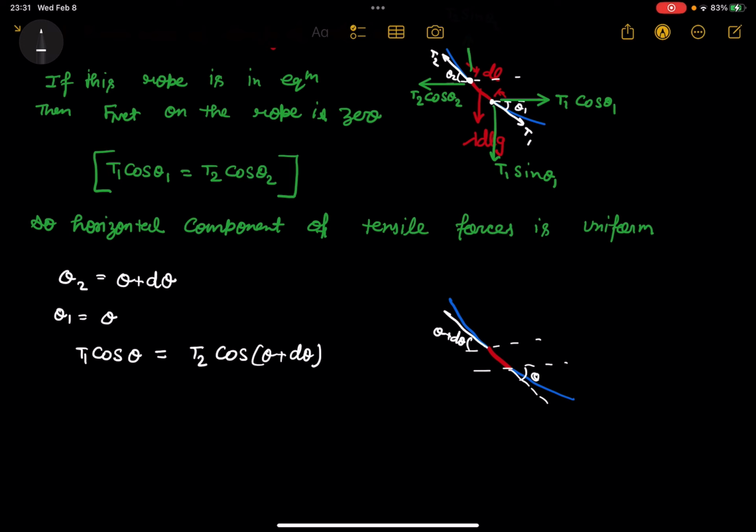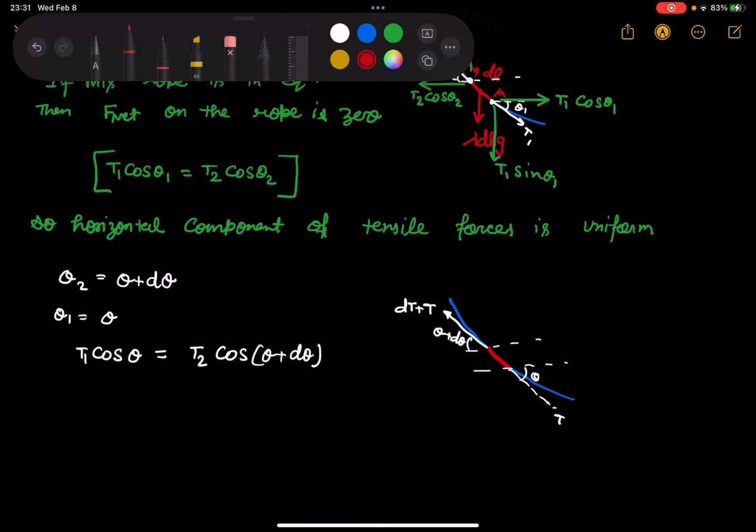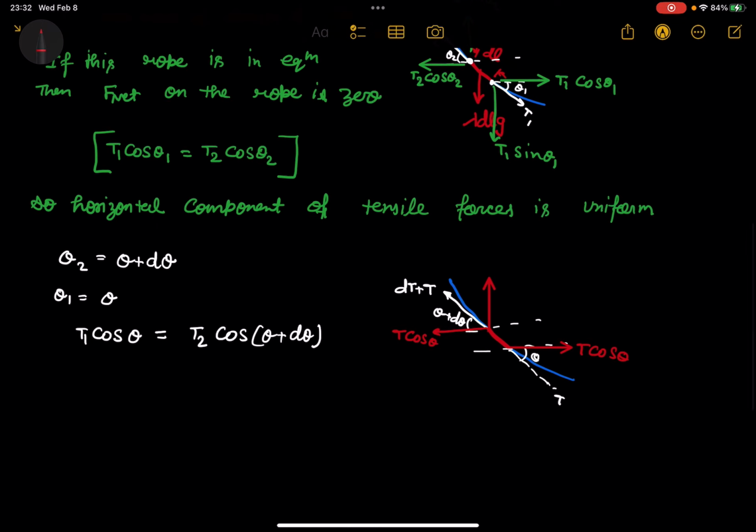Understood my point? This is T, and of course the tension also changes: T plus dT, and here the tension is T. The components here are T cos theta, and here also T cos theta, and the vertical component is T plus dT sin of theta plus d theta, which is equal to T sin theta.